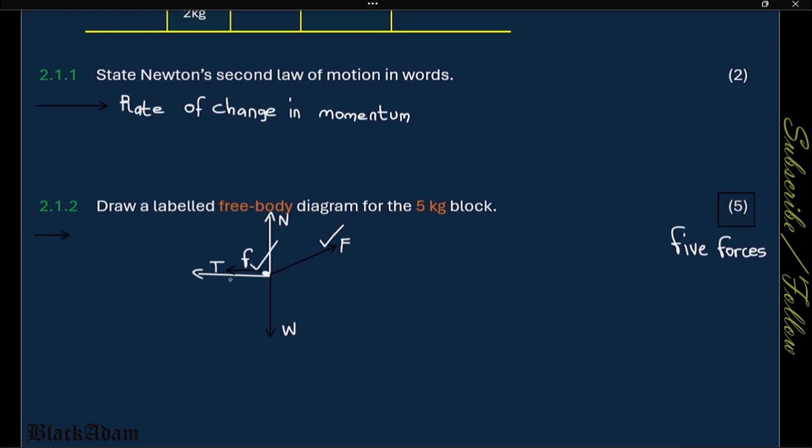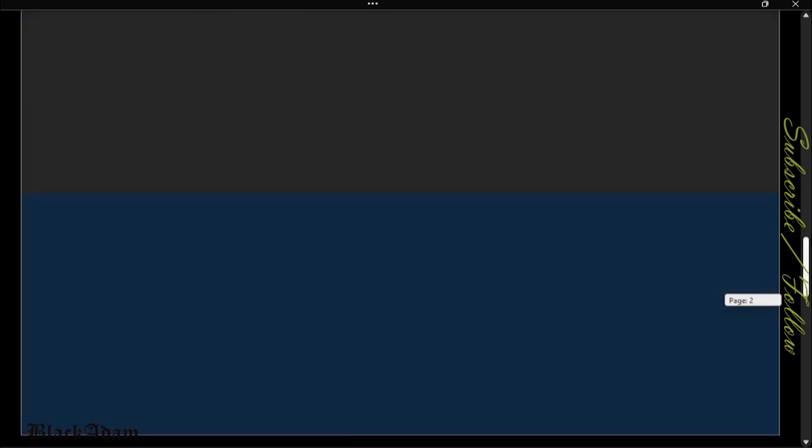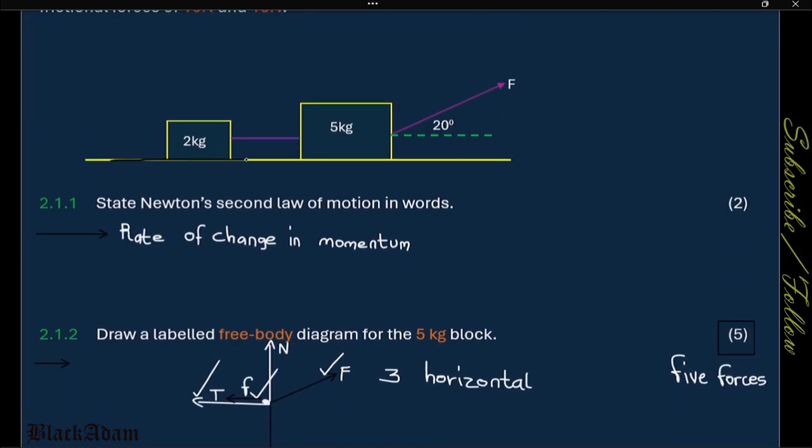We have force applied, friction and tension. Friction and tension are in the same direction, against the force applied. So these are 3 horizontal forces: force applied, friction and tension. Nothing is moving on the vertical part.